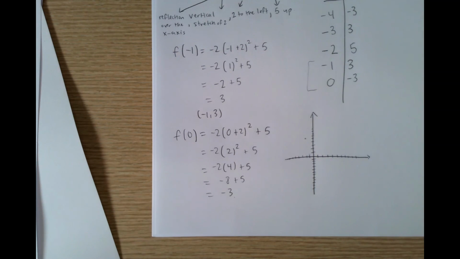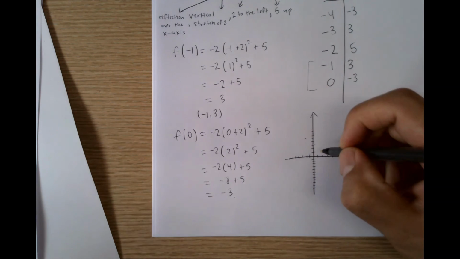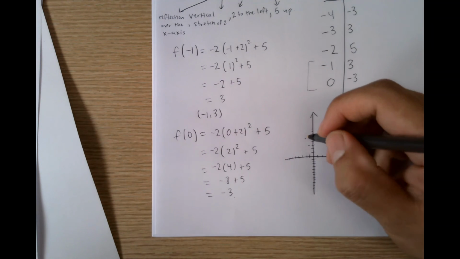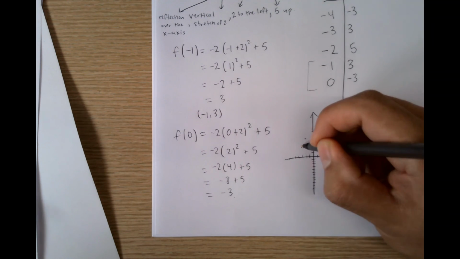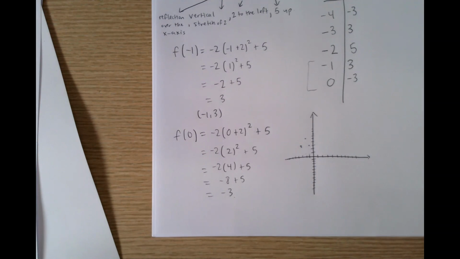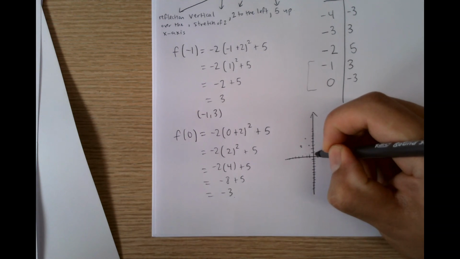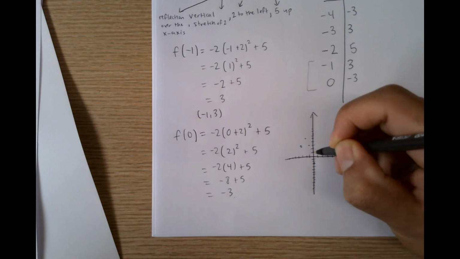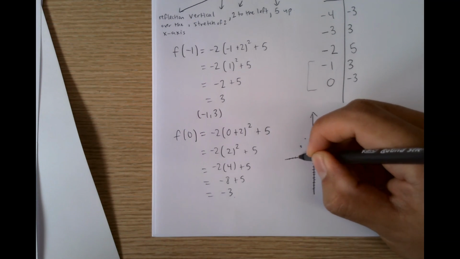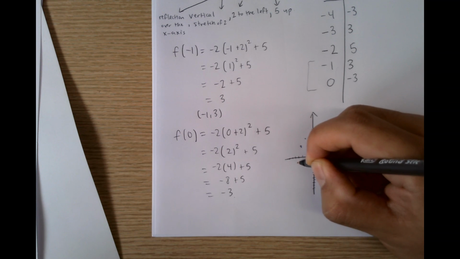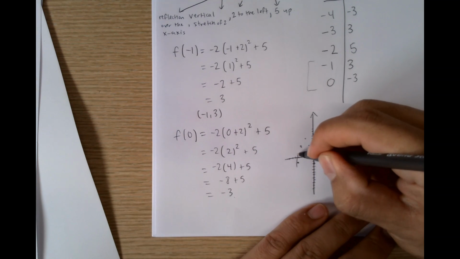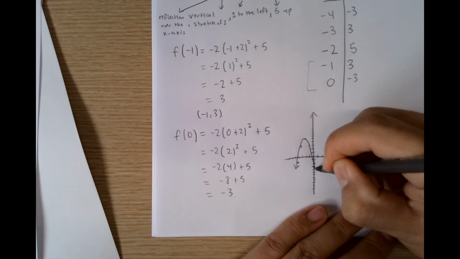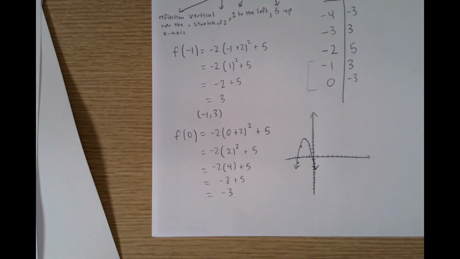And then I have -1, 3, so -1, 1, 2, 3. And then I can plot the mirror image. Oops, it should be right here. And then I have 0, -3, which is 0, 1, 2, 3. And then I can plot the mirror image, which is right here. So I would get a graph that looks something like that.